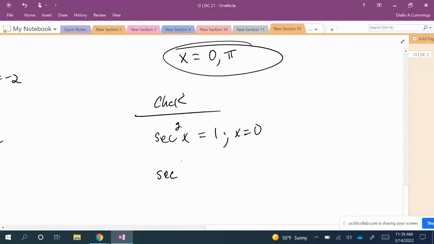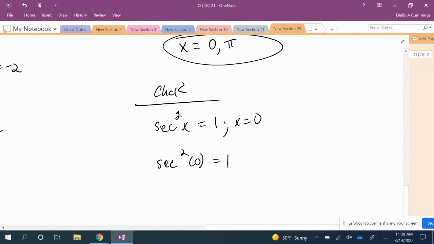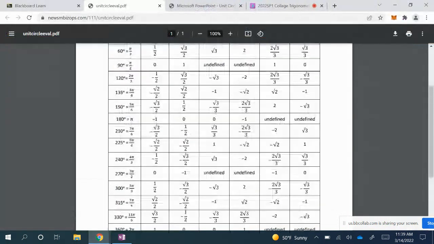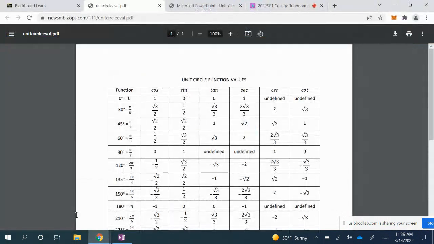So we have secant squared of 0 is equal to 1. All right, so how do we evaluate secant squared of 0? The first thing we're going to do is find the secant of 0. We're going to find that value, and then we're going to square it. So if we look up secant of 0, the secant of 0 is 1.